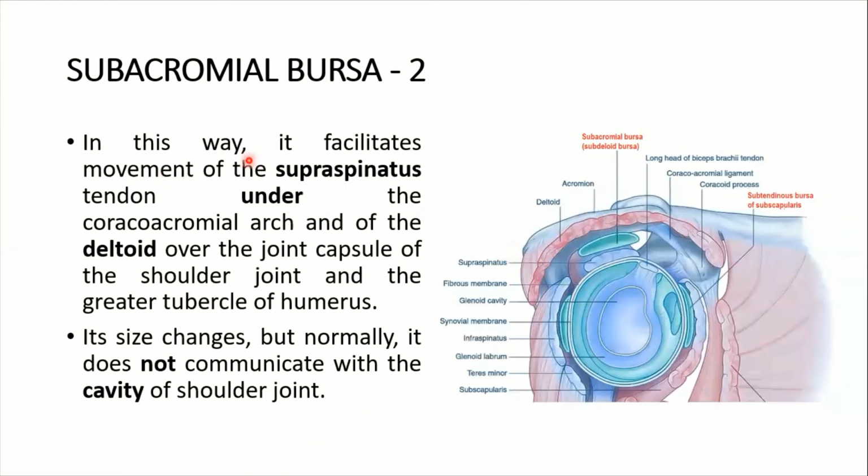In this way, it facilitates movement of the supraspinatus tendon under the coraco-acromial arch and of the deltoid over the joint capsule of the shoulder joint and the greater tubercle of the humerus. So this bursa facilitates the movements of the supraspinatus and of the deltoid. Its size changes, but normally it does not communicate with the cavity of the shoulder joint.